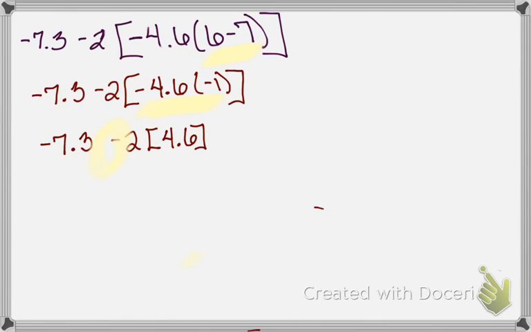Okay? I don't have a double negative. I don't have minus negative 2. That's not what I have. I have negative 7.3 minus 2. Some students, for them to get this clear in their brain, they have to write it down as plus and negative, and that is 100% okay. So they may need to write it as plus negative 2.